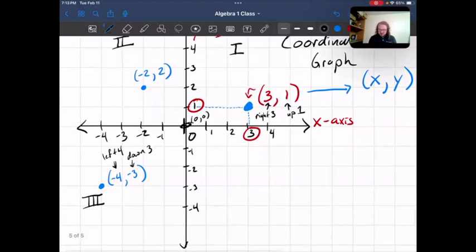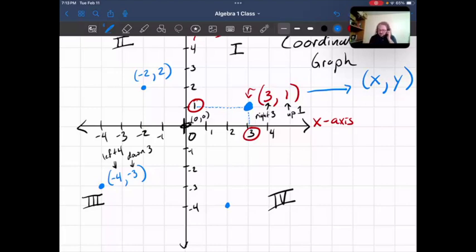Right, and in my last quadrant, quadrant 4, I could have a point like this, right? And any of these points are fair game. So anywhere there's an intersection, and actually anywhere in between, we can have a set of coordinates. I'm just picking whole numbers for now because it's nice and easy.